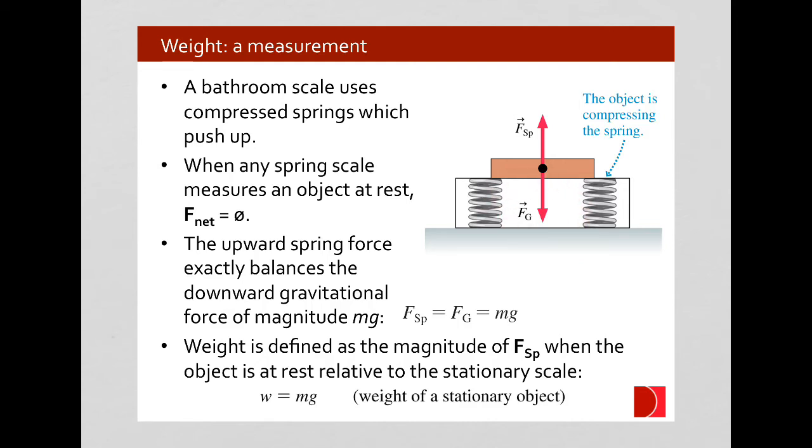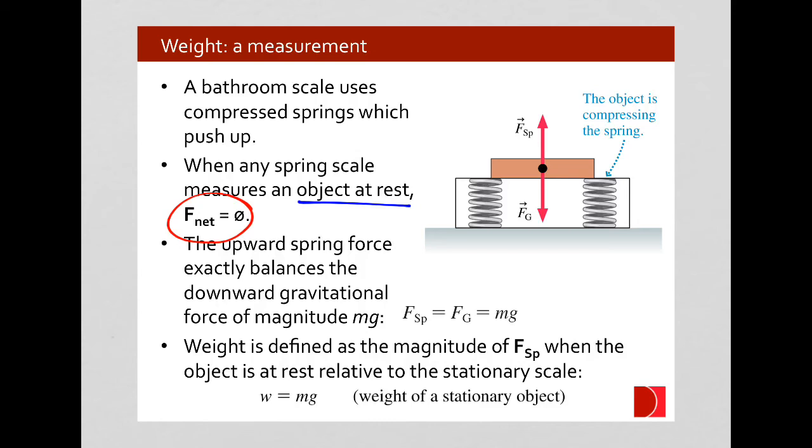But if you are at rest, if you are in equilibrium, then the net force has to be zero, which means that there has to be an upward force pushing on you. There has to be a normal force keeping you from falling through the scale and through the ground. The springs in the scale provide that normal force to hold you up, and the scale is calibrated to measure how far you've compressed the springs, which tells you how much force is acting on those springs.